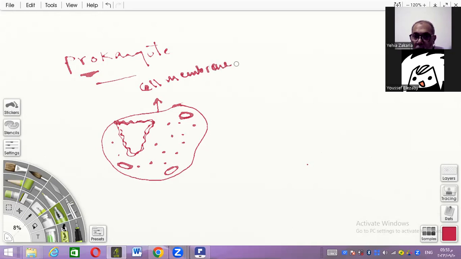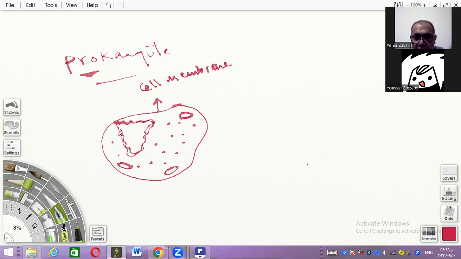Prokaryotes have no cell wall, right? No cell wall. Some prokaryotes have a cell envelope, not called a wall. We will discuss this later. Okay. Cell membrane.